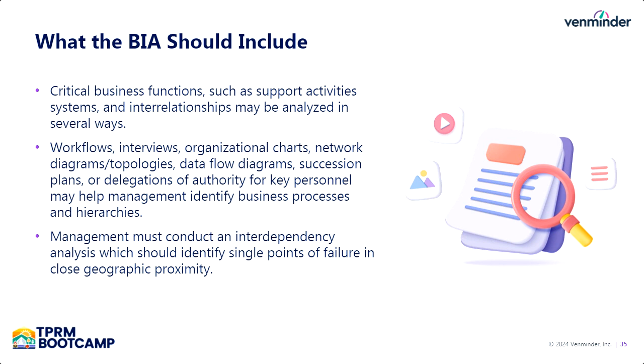This is really important when we're talking about identifying business processes and hierarchies. And then, of course, management really should conduct an interdependency analysis, which would help identify single points of failure in close geographic proximity. So just understanding how the businesses are linked, products and services, you really want to make sure that you can see everything from a big picture.